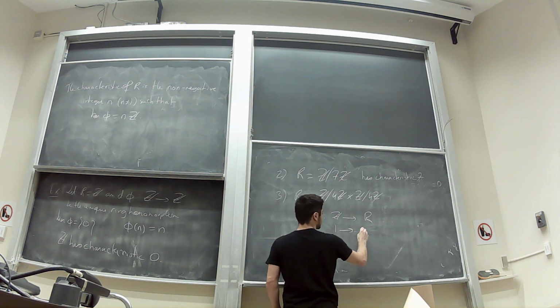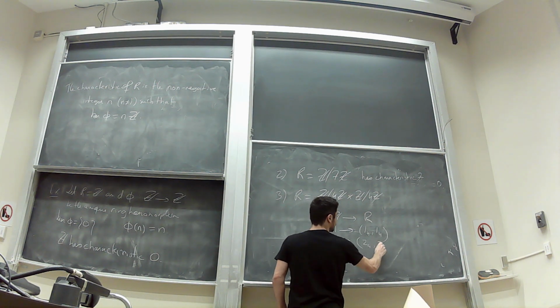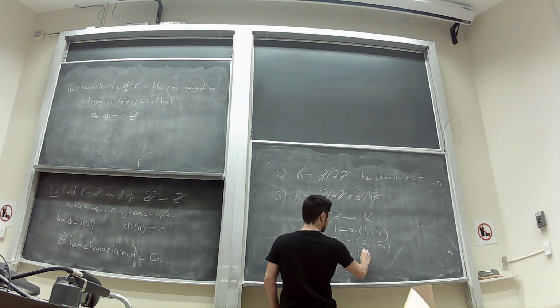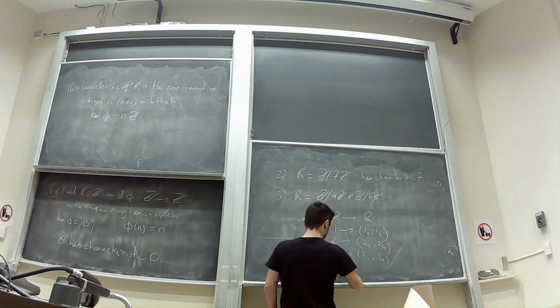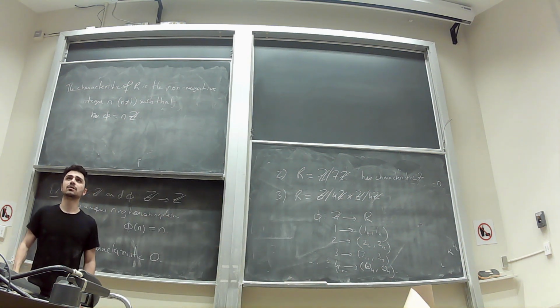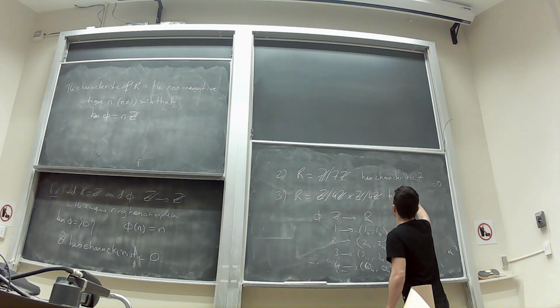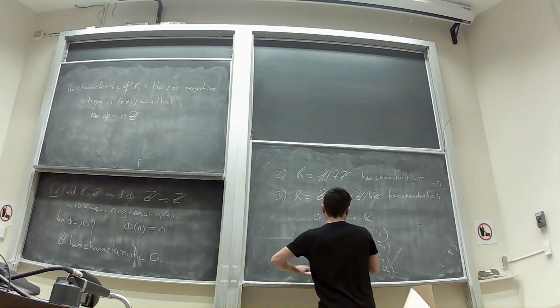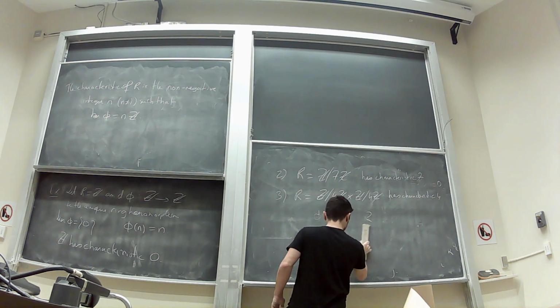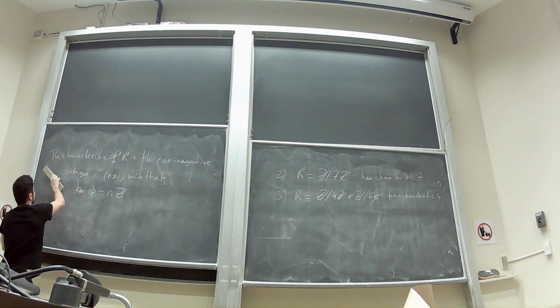It sends 1 to (1 mod 4, 1 mod 4), 2 to (2 mod 4, 2 mod 4), 3 to (3 mod 4, 3 mod 4), 4 to (0 mod 4, 0 mod 4). So the kernel of phi in this case is just 4Z. Agree or not? The characteristic is 4. Great, I'll just erase that. Okay. Now proposition.